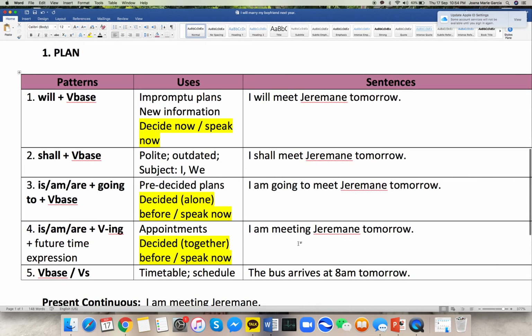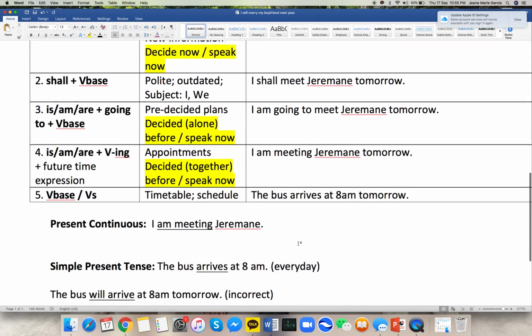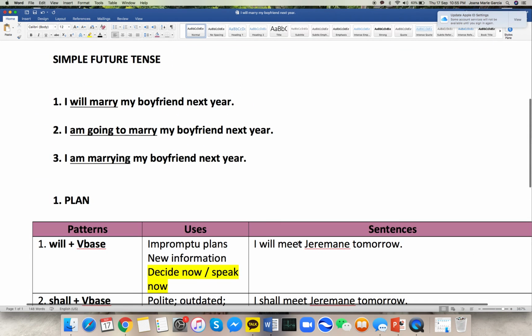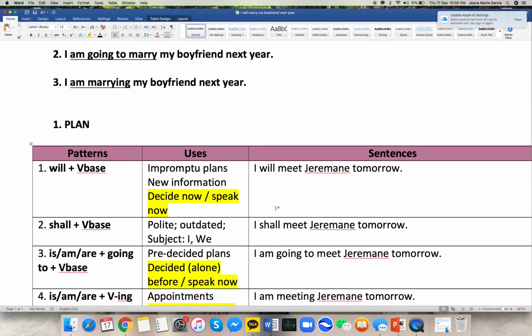So anyway, let's go back to our sentence first. A while ago, I asked you about your plan for the weekend, and I told you some of you could say I will go to the supermarket and I'm going to the supermarket. So when you say I will go to the supermarket, when I ask a question, that is the moment you think about your plan.